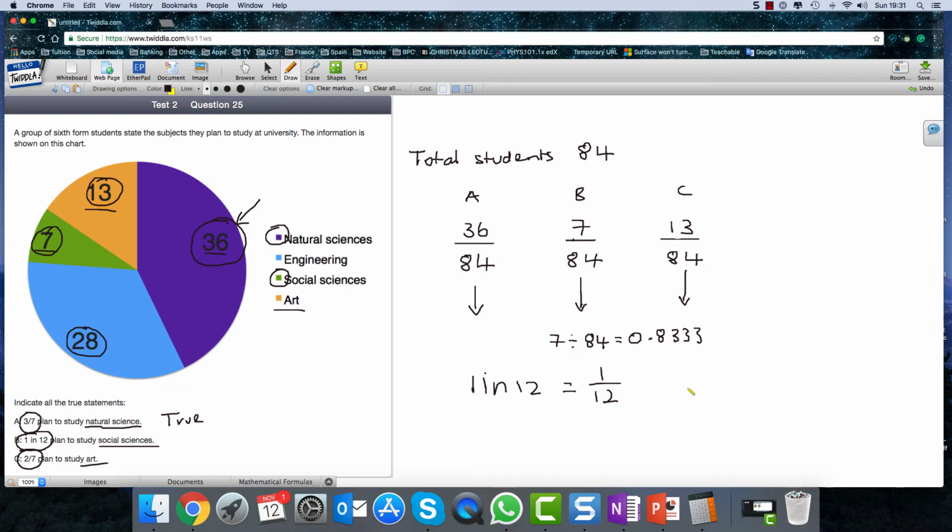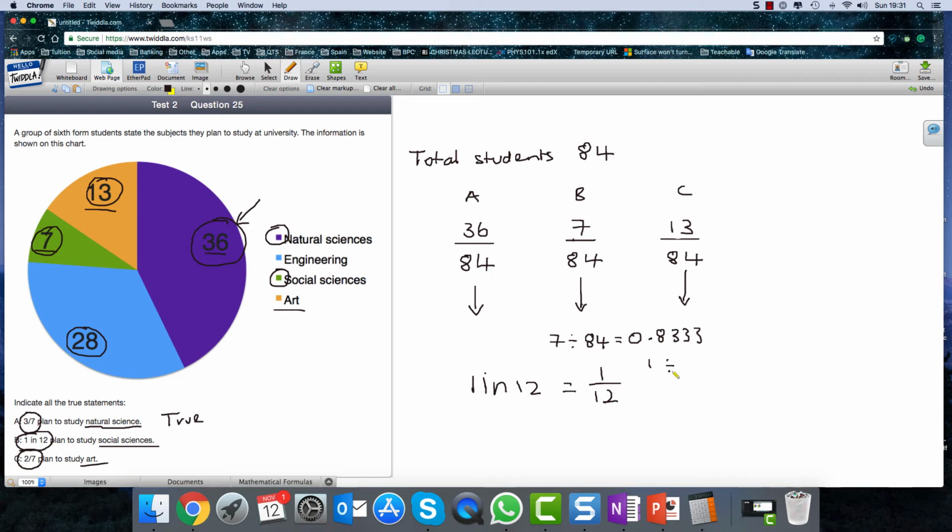But normally we write test results as a fraction. So if somebody got one question right and they did 12 questions in total, you'd write the fraction 1 over 12. So really, although statement B is written in a slightly different way, we're really being asked, is this the same as 1 over 12?